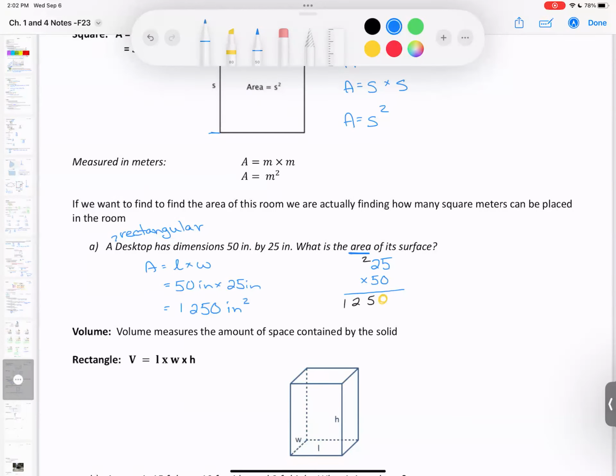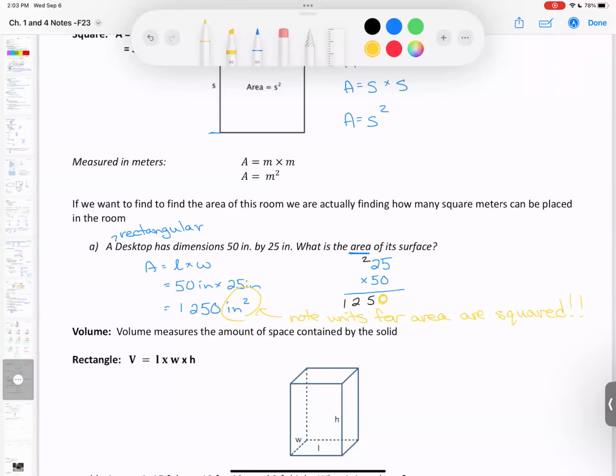So we would write this as inches squared. Okay, so let's just make a note of that. Note: units for area are squared. And these are important details to make note of because you want to write the correct units in your measurement.